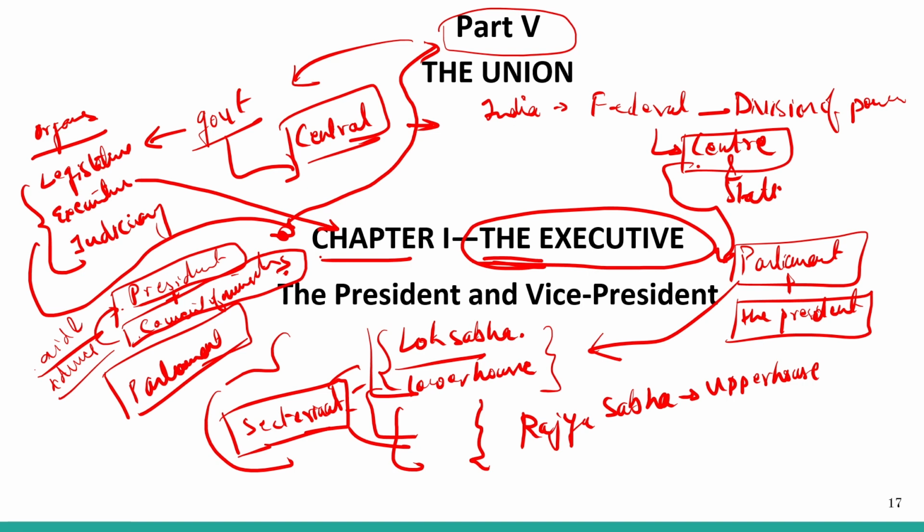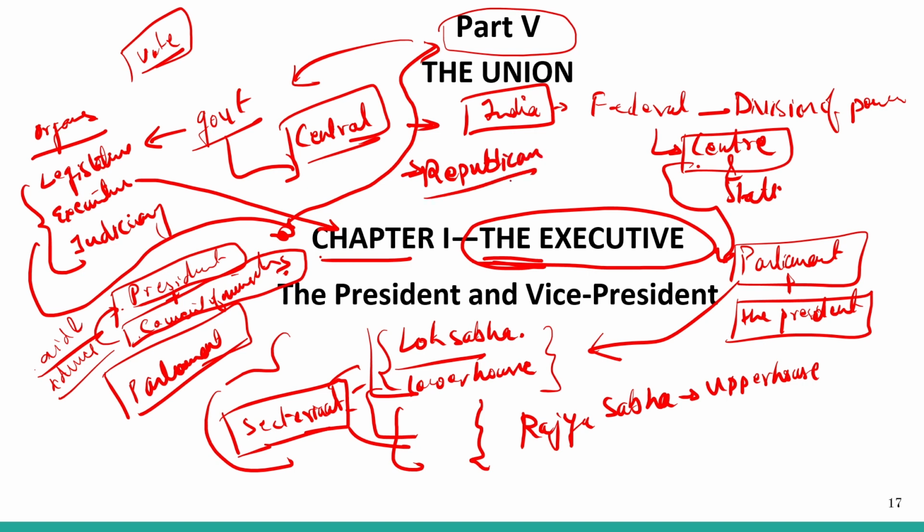So that is why India is considered a democratic form of government where we vote. And apart from democracy, India is also considered a republic.